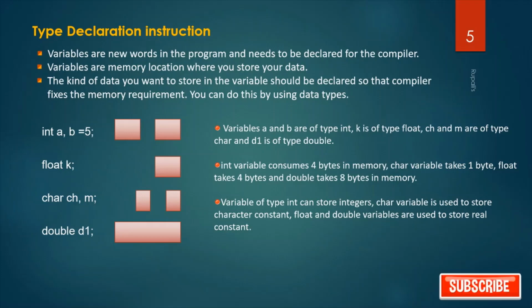Variable of type int can store integers. Character variable is used to store character constant. Float and double variables are used to store real constant, that is floating point number.